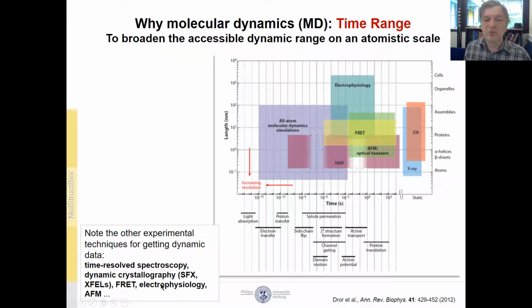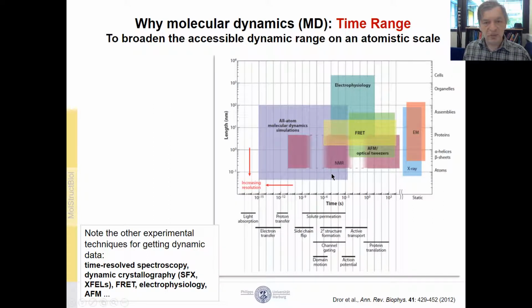That means at XFELs, or now starting also at conventional synchrotrons, where we can do also dynamic studies as well, providing actually the dream that we had at the beginning. Make a lot of experimental pictures, connect these pictures one after the other and make a movie to actually see the dynamics, what's happening upon some certain kind of trigger.